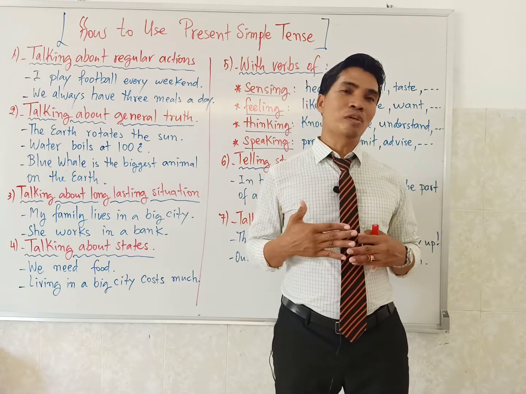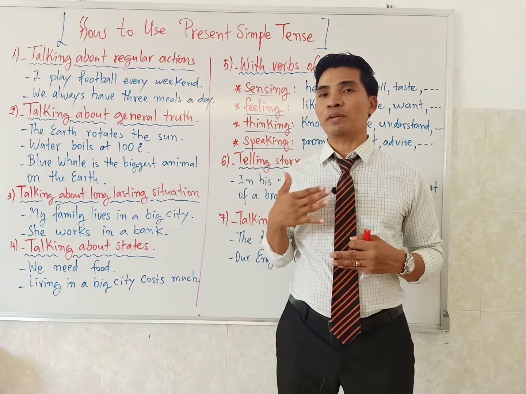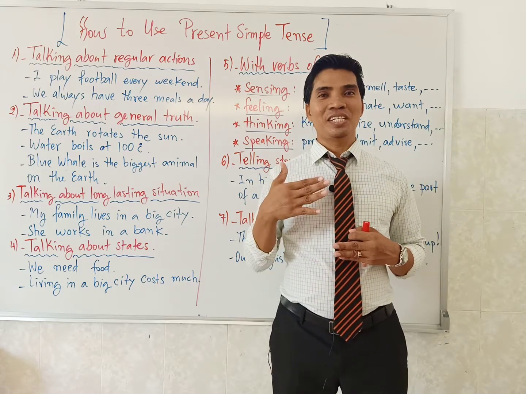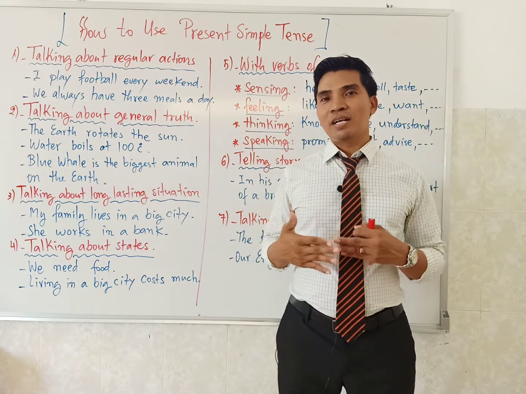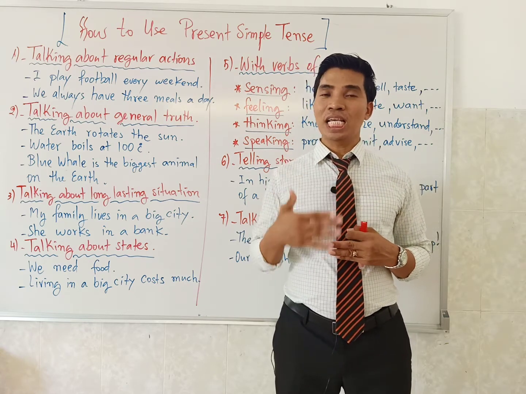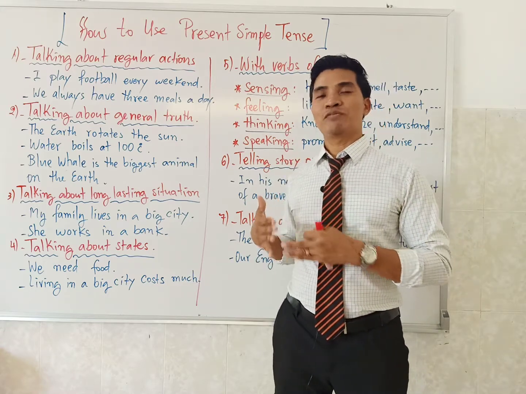In negative form we use don't with the subject pronouns I, we, you, they, and we use doesn't with he, she, it, and then plus the verb base form.